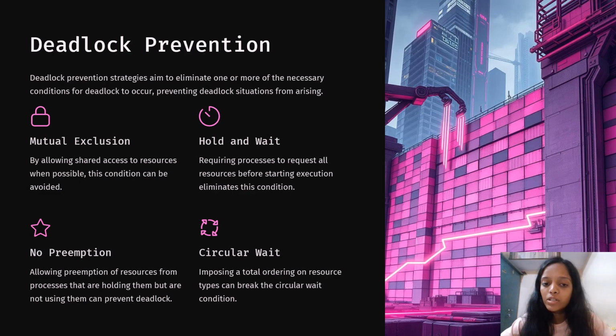Requiring processes to request all resources before starting execution eliminates this condition. No preemption. Allowing preemption of resources from processes that are holding them but are not using them can prevent deadlock. Fourth one is circular wait. Imposing a total ordering on resource types can break the circular wait condition.